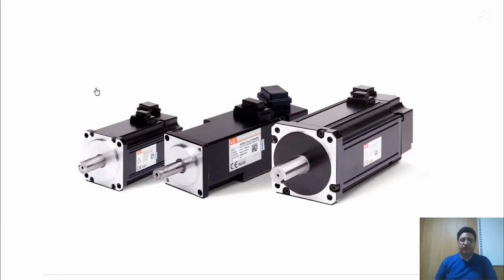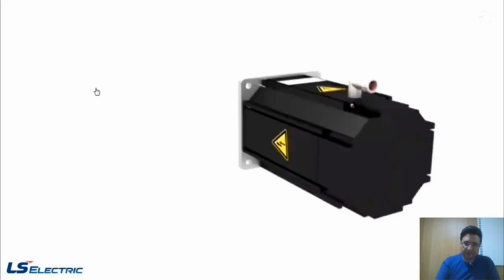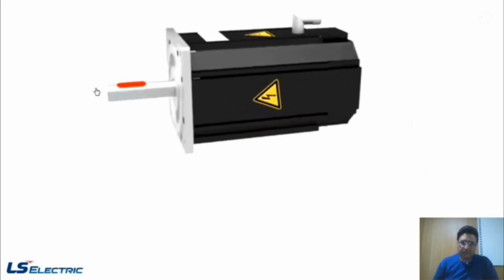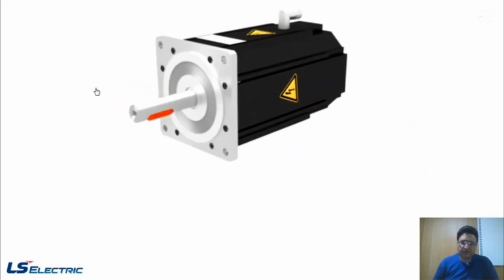Well, in this image, you can see different types of servo motors, and later on, we'll get more familiar with the internal structure of these motors. Alright, this shows us a servo motor.